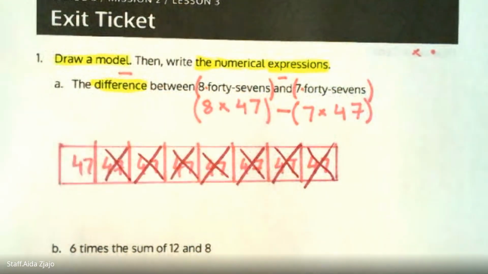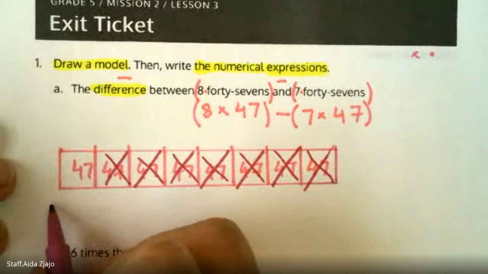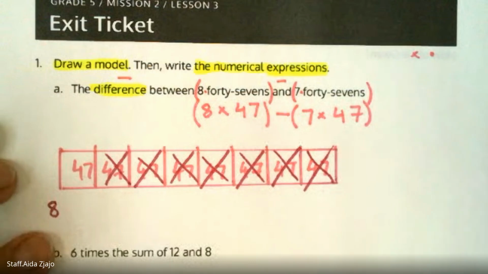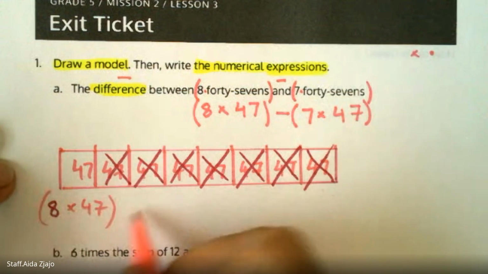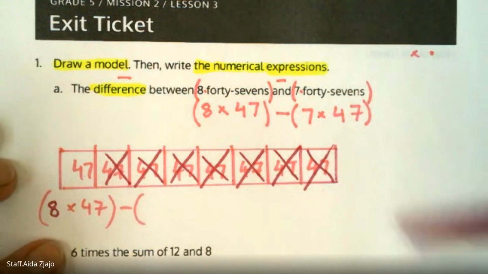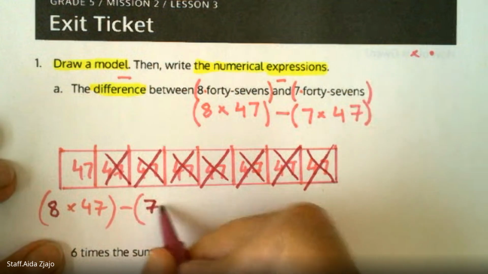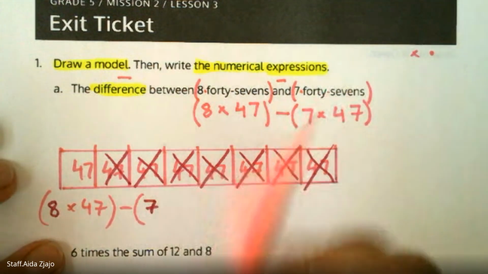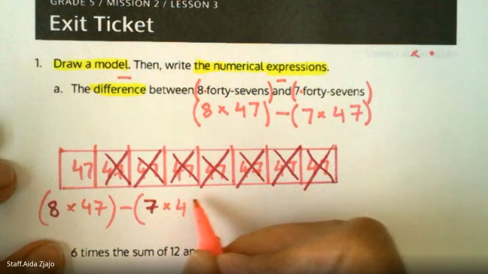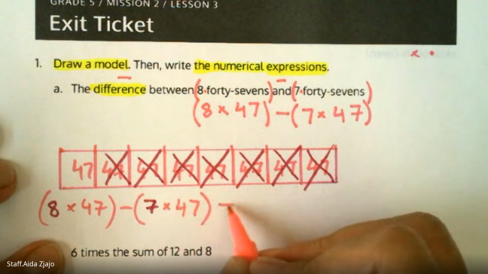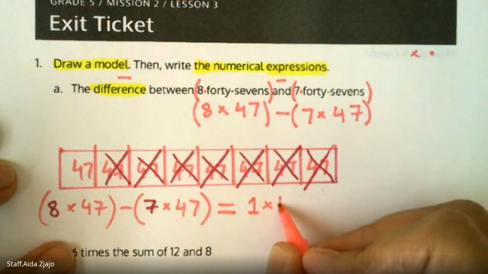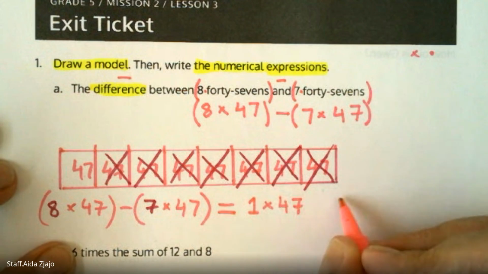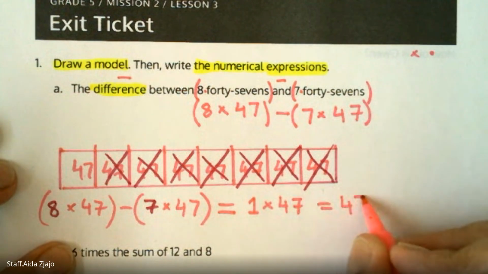And then if you would like to do an equation, that means you can say 8 47 minus 7 47 equals 147, which equals 47.